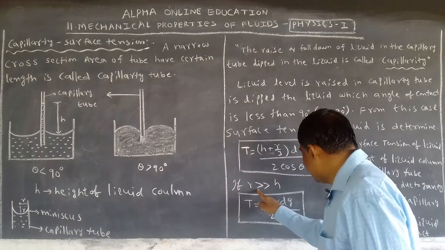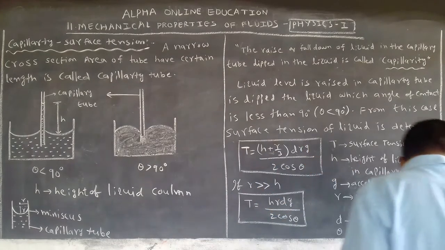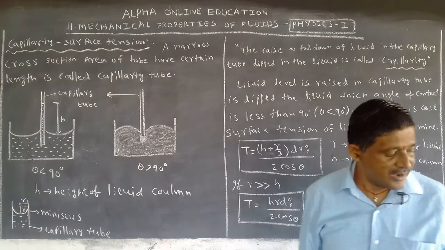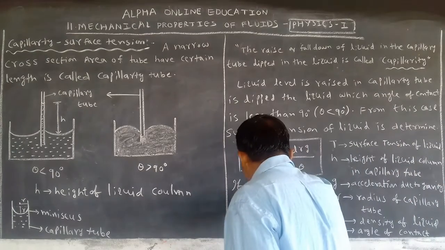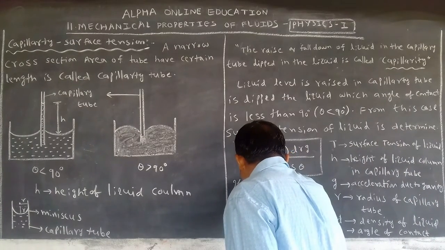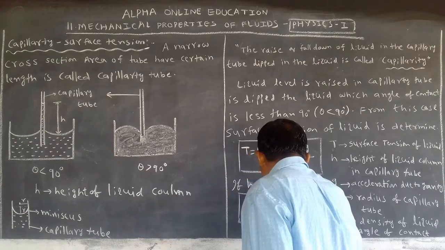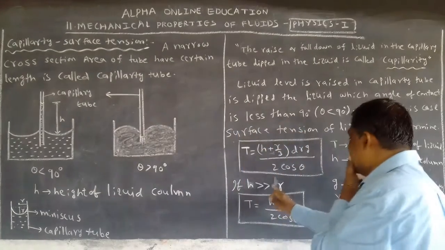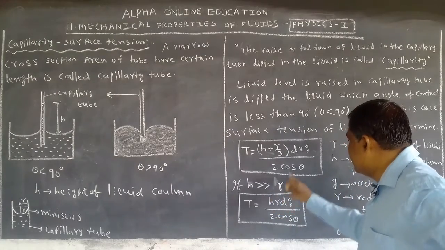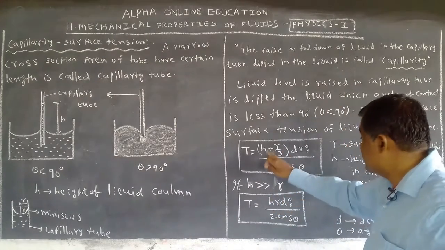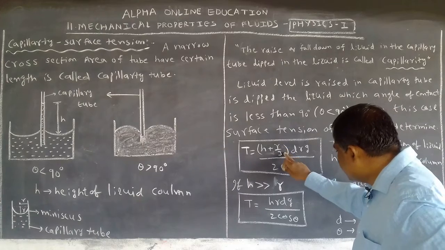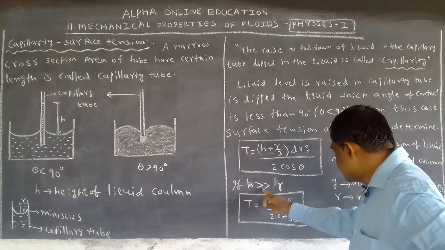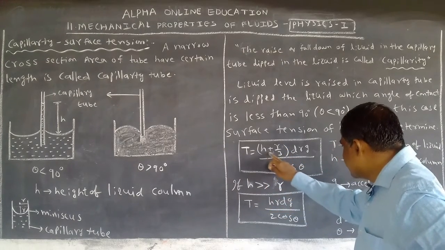If h is so much greater than r, then r/3 is neglected in this expression.